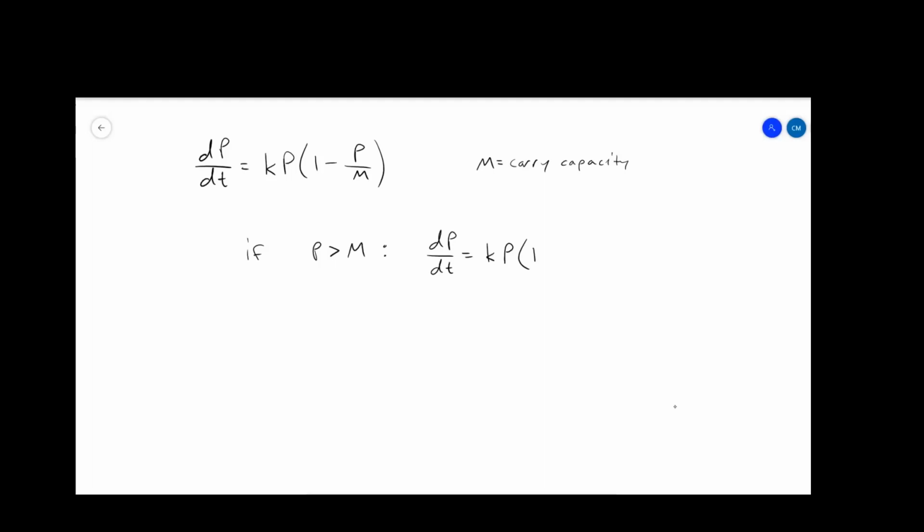We've got 1 minus something that's bigger than 1. If P is bigger than M, then that number, P over M, is bigger than 1. In fact, to make this even simpler, this is going to be a negative number.